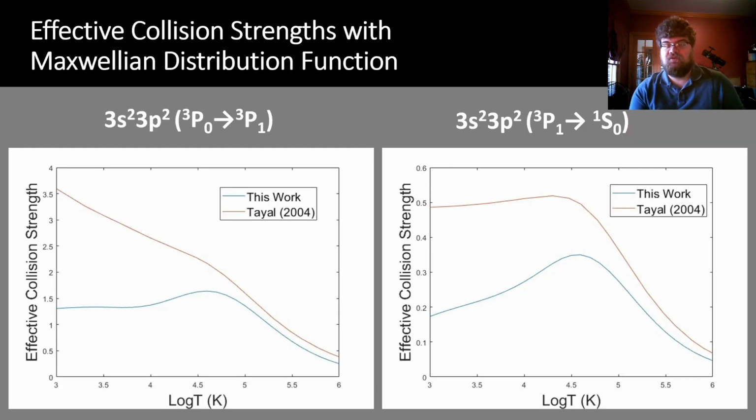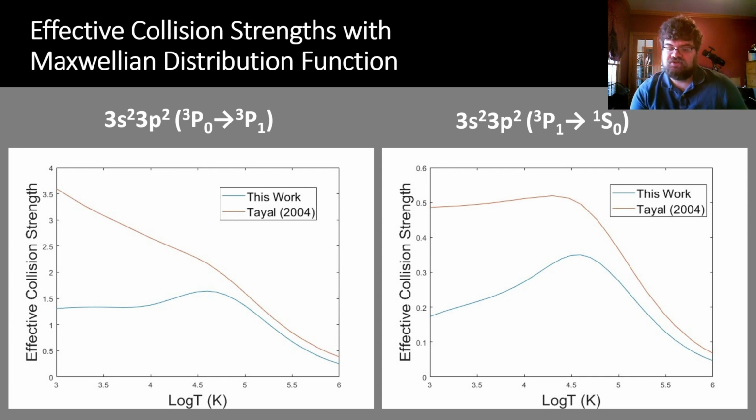So instead of working with collision strengths directly, we process them into what are called effective collision strengths. To do that, we may not be able to know the exact energy of any given electron out in space, but we do know that as a whole, they'll very closely follow a Maxwell-Boltzmann distribution according to the temperature of the plasma. So what we can do is average over the collision strengths with the Maxwell distribution function, and that will produce the effective collision strength.